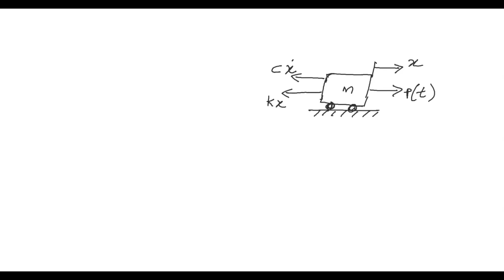So here the elastic force and inertia force is m into x double dot, mass into acceleration. This is the inertia force that will be developed in the material, and then the stiffness, which is multiplied with x, and the dampness, which is multiplied with velocity.